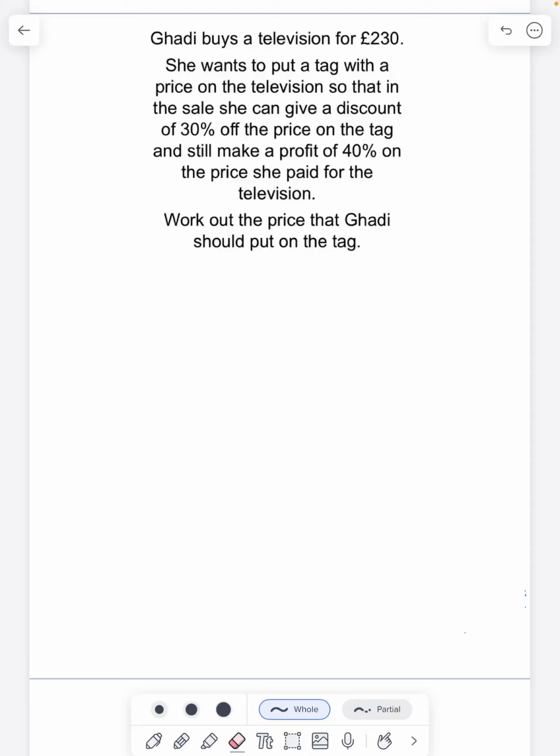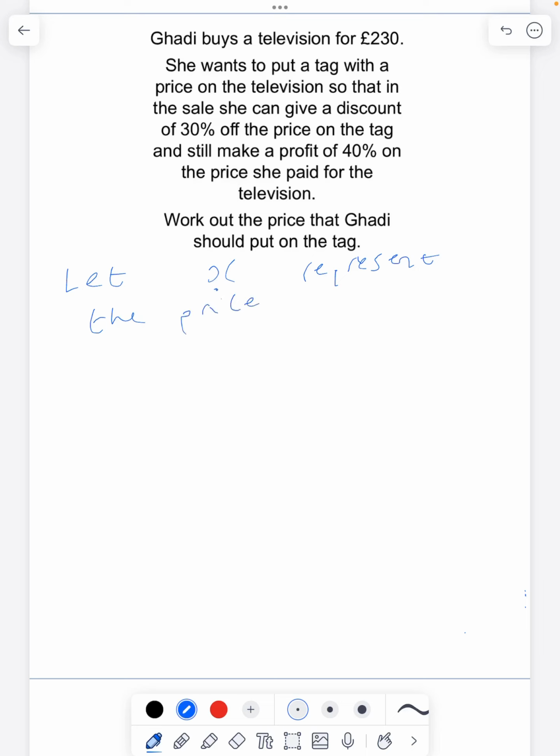So the first thing we can do here is we can let X represent the price Gaddy will resell the television for.